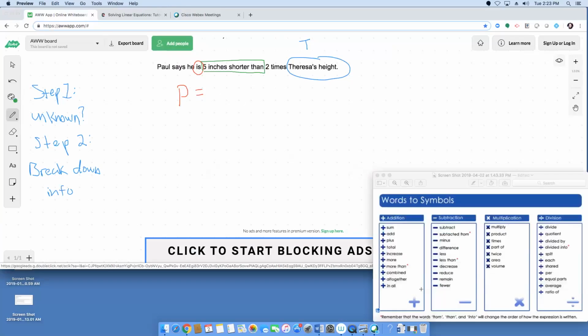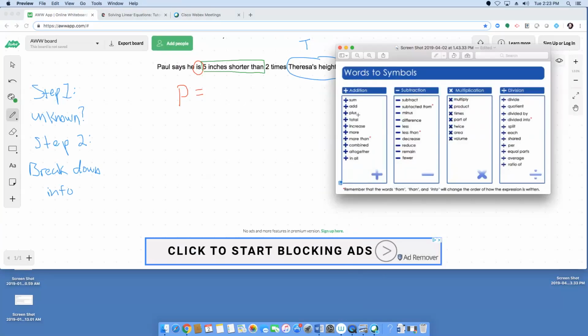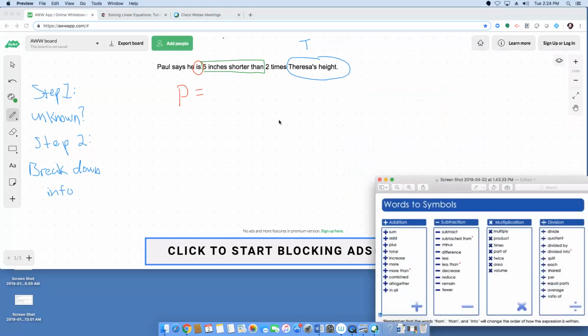Well, if we go to my little chart right here and we look, I do see a less than. There's no shorter than, but there's a less than. And we know if you're shorter than somebody else, you're taking away. So shorter than, I would say, goes towards less than, right? Less than, and the operation we're going to be using is subtraction. So less than is minus.